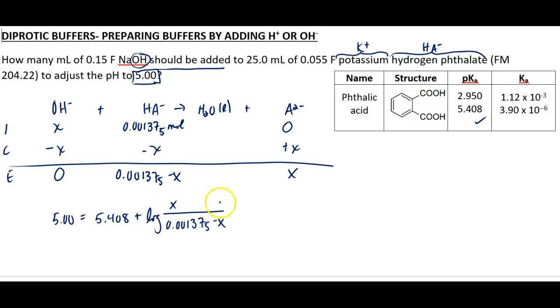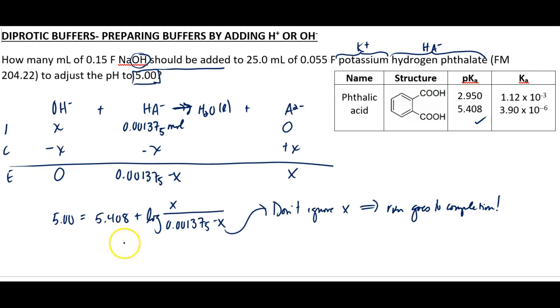So all we have to do is solve for X. You've probably gotten pretty good at solving these logarithmic equations by now, but whatever you do, don't ignore this X. And that's because this reaction goes to completion. All neutralization reactions go to completion. In other words, X will not be small.